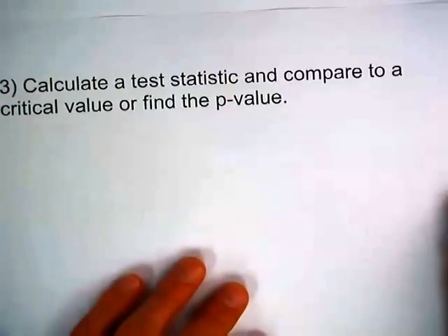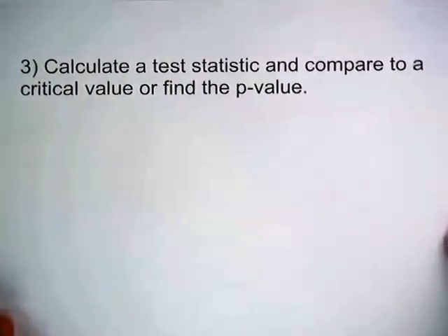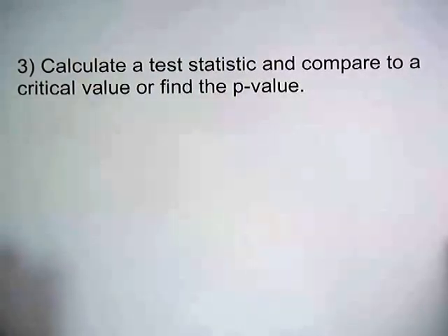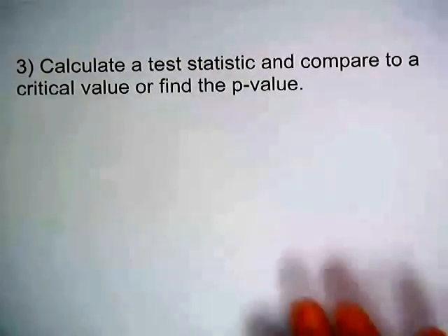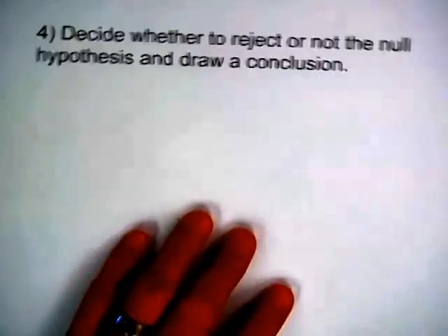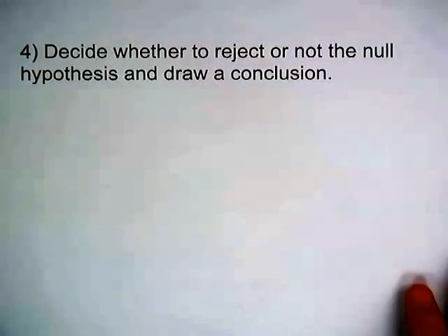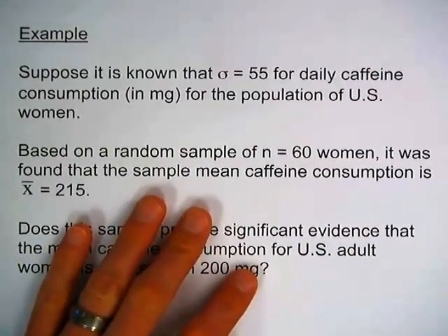Step 3, calculate a test statistic and compare to a critical value or find the p-value. And then step 4 is to decide whether to reject or not to reject the null hypothesis and draw a conclusion.